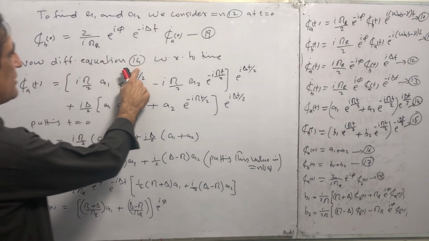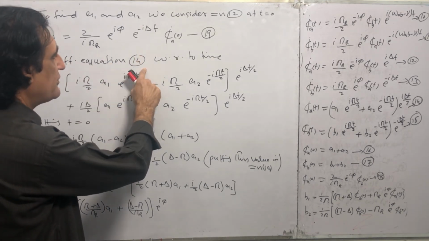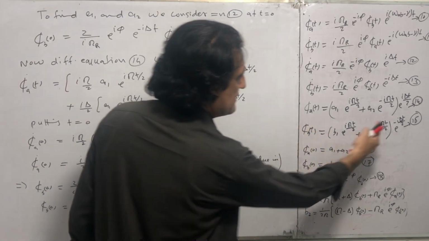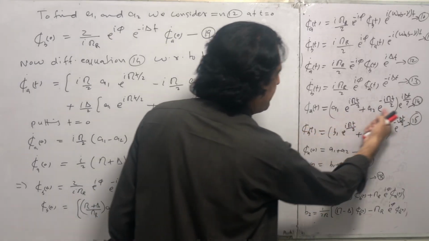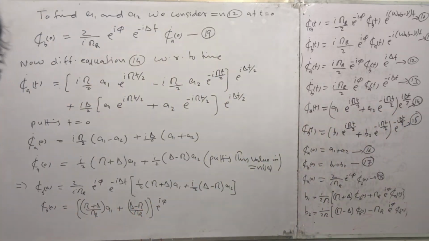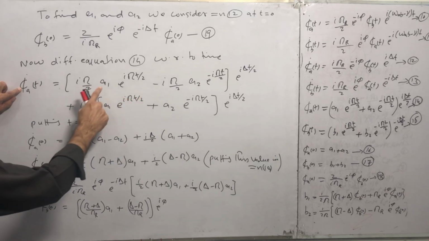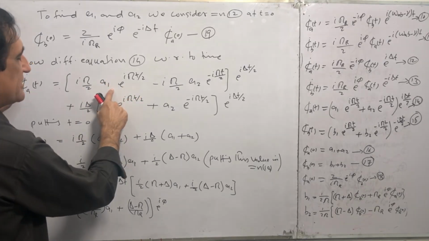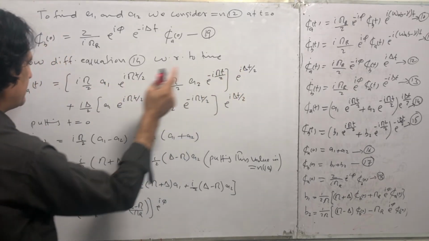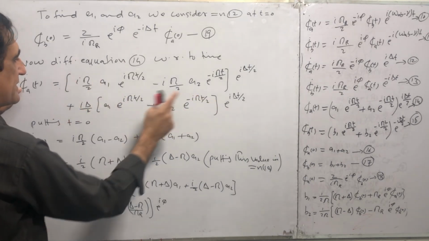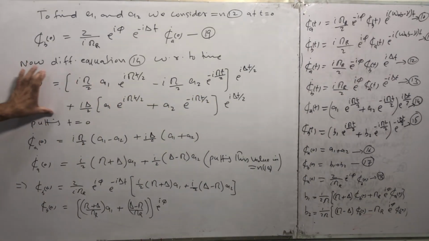Now differentiate equation number 14 with respect to time. This is a product rule, so first the differentiation of the first and the second, and the differentiation of the second and this one. So this is a simple differentiation.